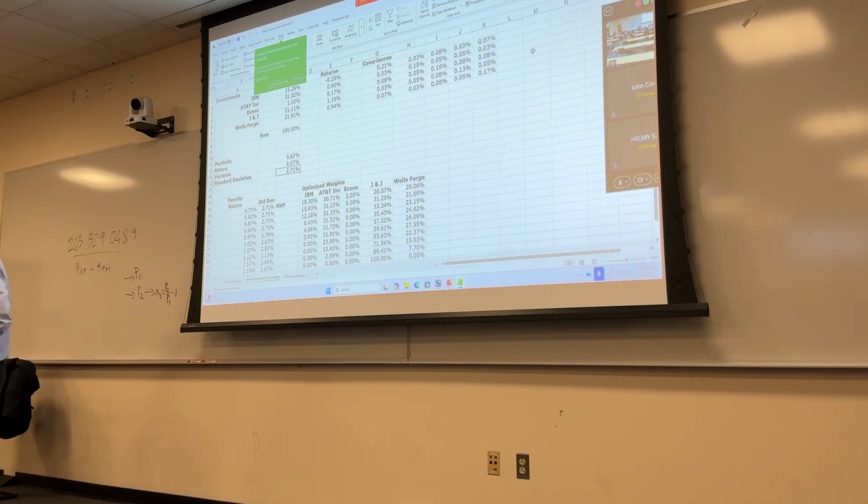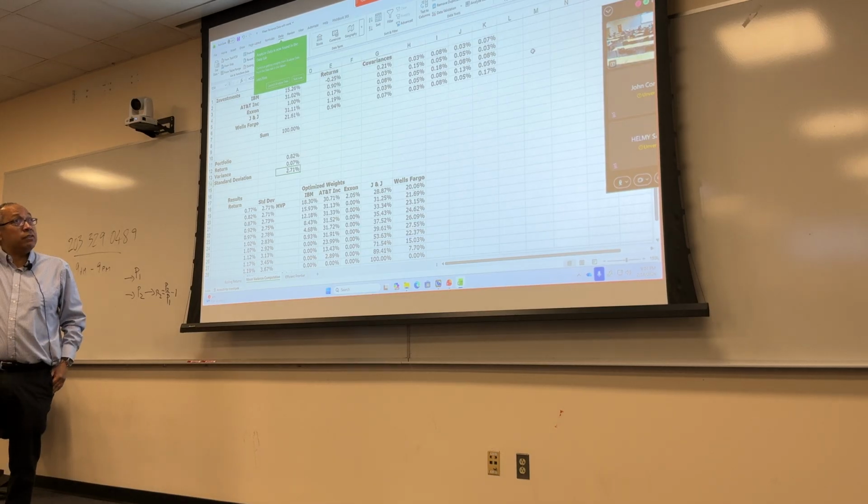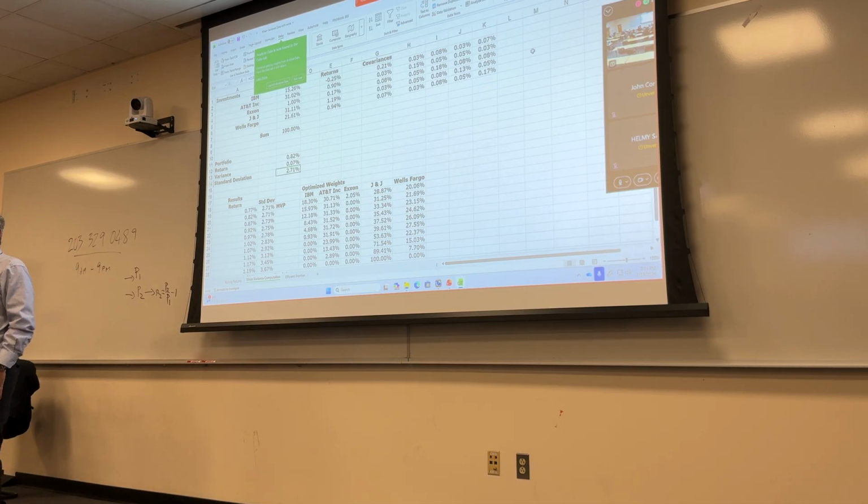So Solver is just a form that allows you to express the problem you're trying to solve, right? Questions so far? So raise your hand if you now have Solver in your Excel workbook. If you don't, you cannot move forward.